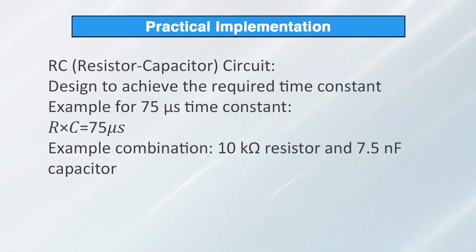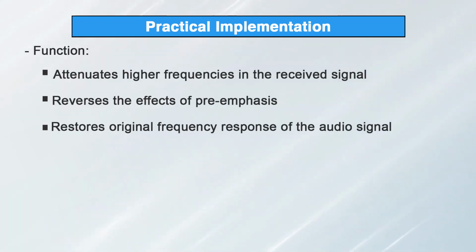A typical combination might be a 10 kilo ohm resistor and a 7.5 nanofarad capacitor. This simple yet effective circuit attenuates the high frequency in the received signal, reversing the effect of pre-emphasis applied during transmission and thereby restoring the original frequency response of the audio signal.